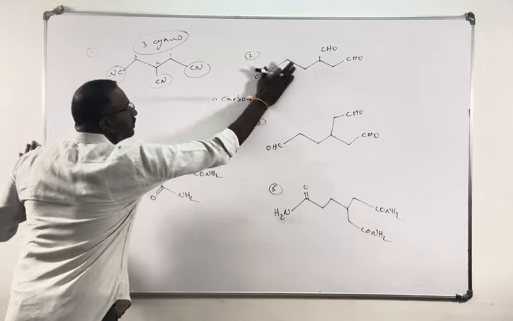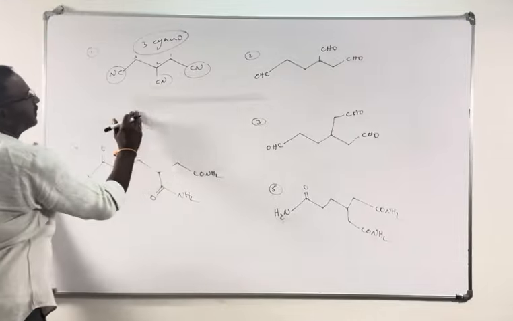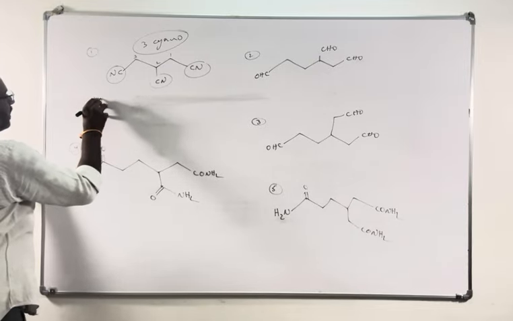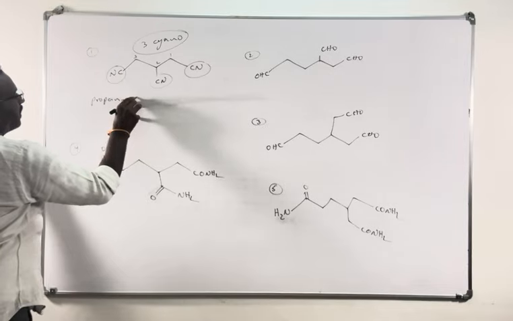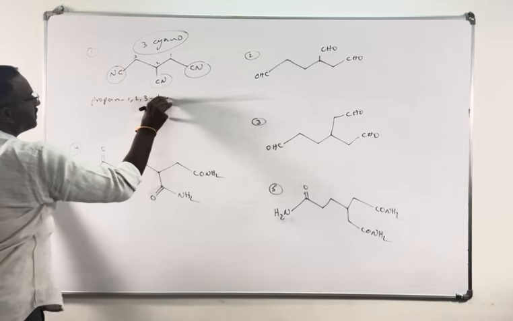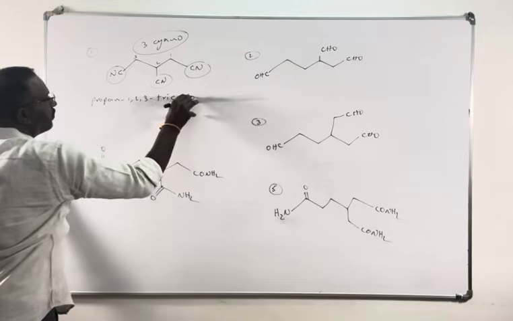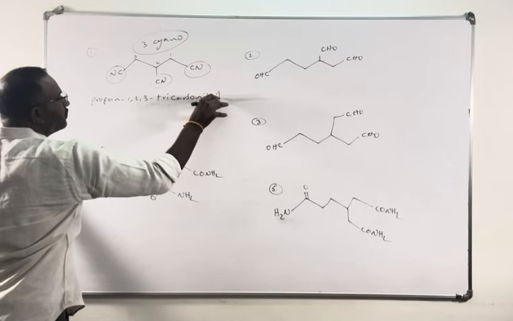I'll write it so that I can start from this: propane-1,2,3-tricarbonitrile.